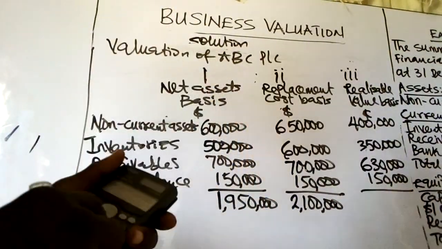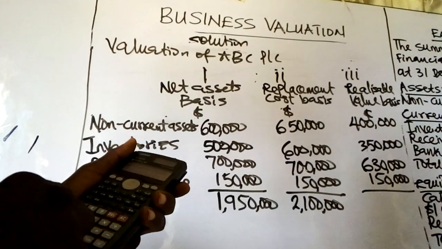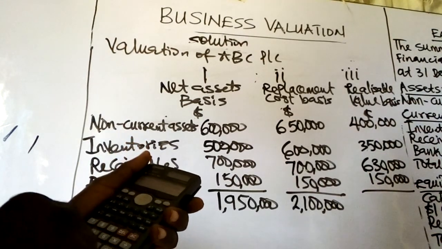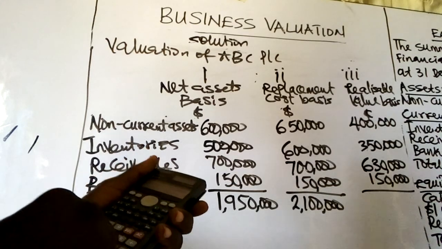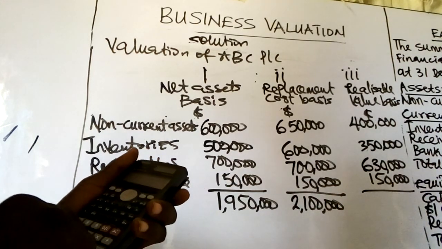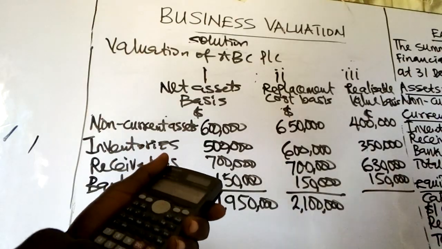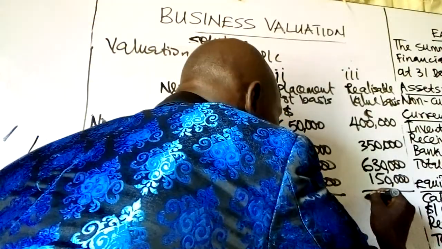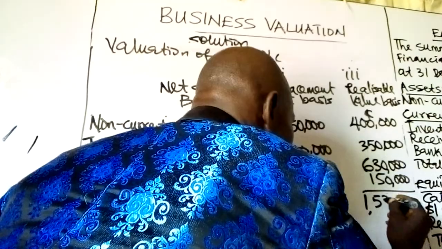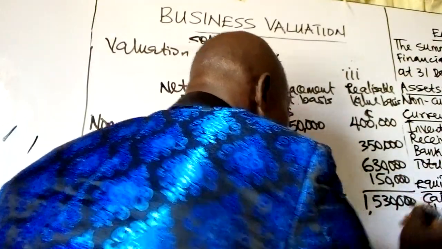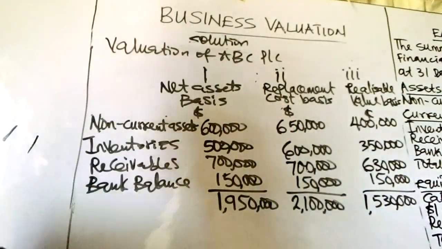For realizable value, we have 400,000 plus 350,000 plus 630,000 plus 150,000. Then you have the total of 1,530,000. These are the total assets.